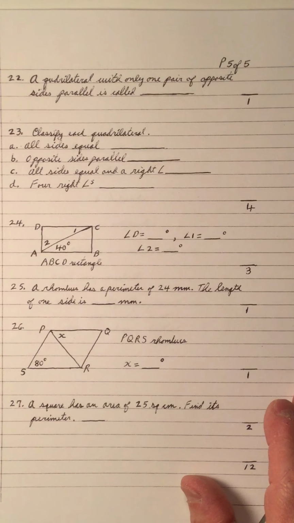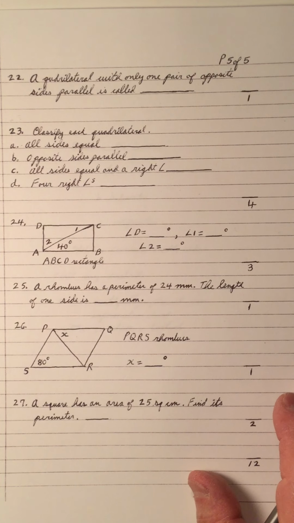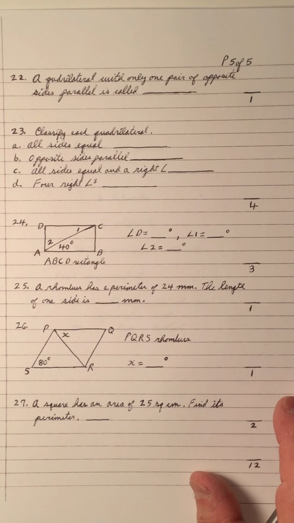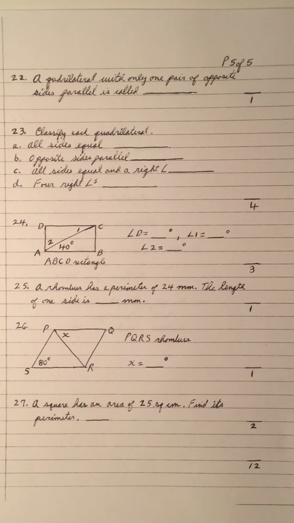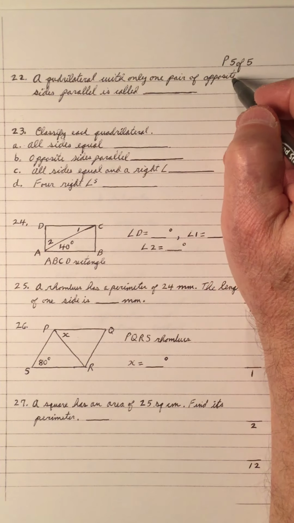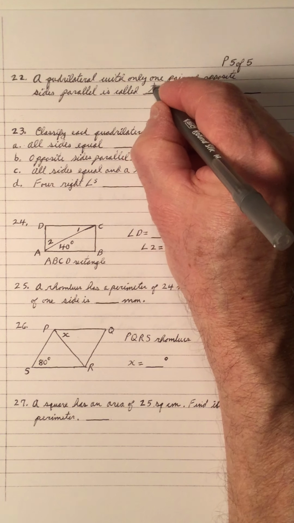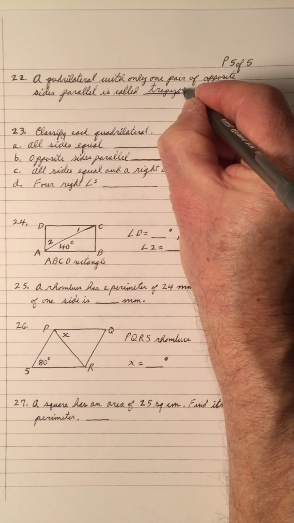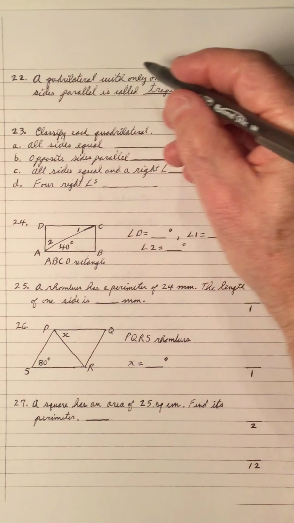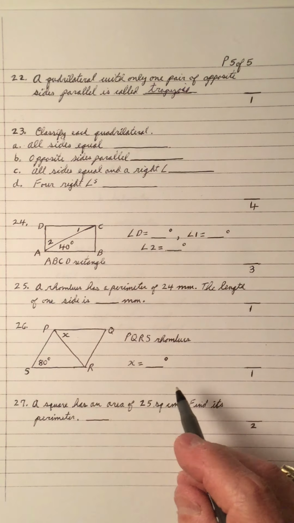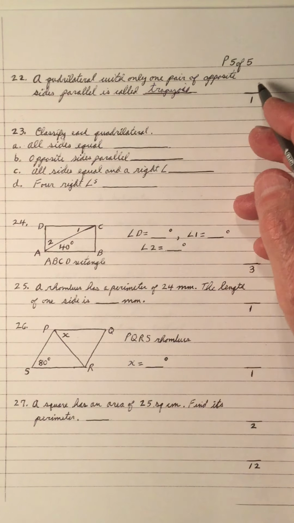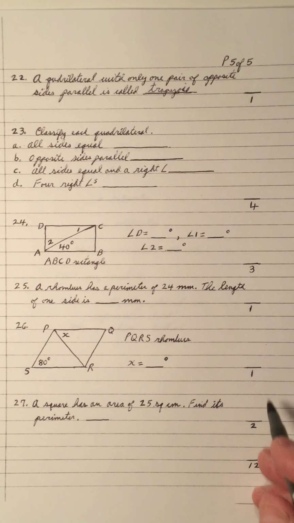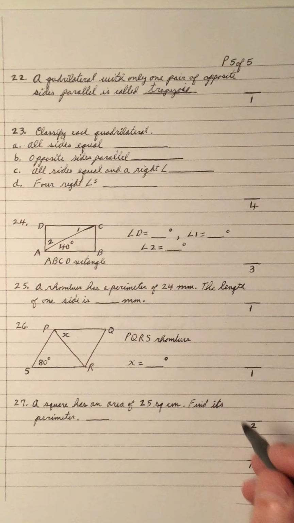And the last page, pertaining to the section on quadrilaterals, I did a video on quadrilaterals. A quadrilateral with only one pair of opposite sides parallel is called a trapezoid. As a reminder, don't forget, you pause the video, work all these out, and then play it back to see how many you got right. And don't forget when you add up the total.